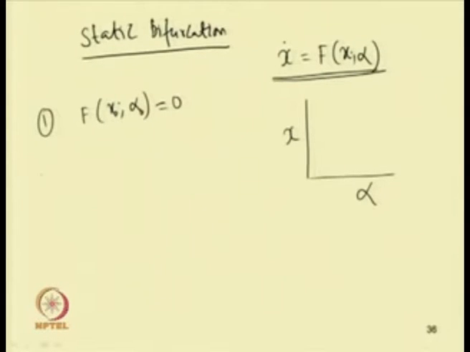The second point is that dxf, which is the Jacobian matrix, should have a 0 eigenvalue.